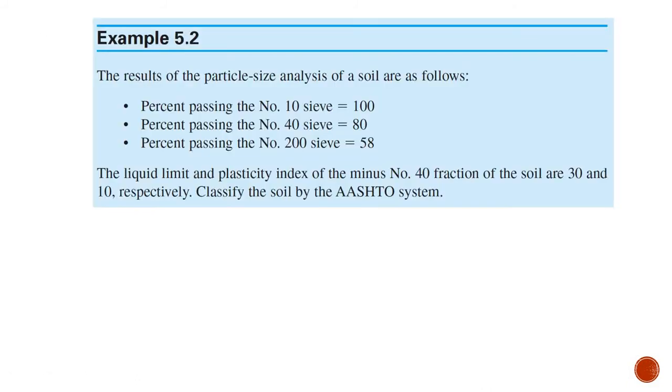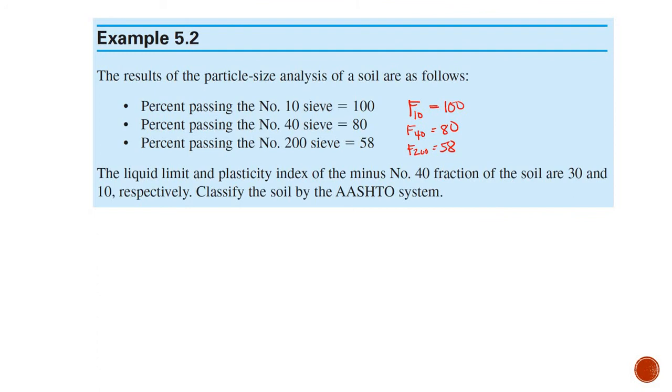Okay, example. The results of the particle size analysis of a soil are as follows. Percent passing number 10, or this is your F10, is equal to 100. Percent passing number 40, or F40, is 80. And then percent passing 200 is 58.